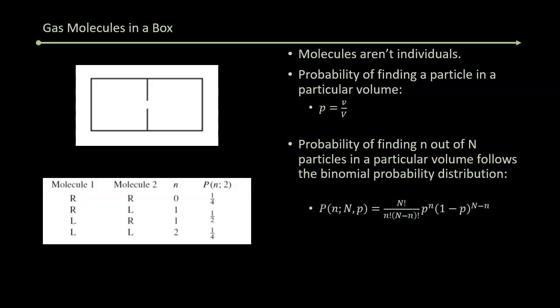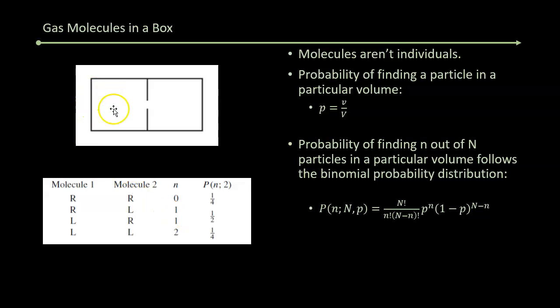All right, gas molecules in a box. Molecules aren't individuals. When you start looking at how many different states we have here, we say, oh, we've got a molecule over here, a molecule over there, or we could have two molecules here on the right. We could have one in here and one in there, but we don't know which one it is. So that actually happens twice, right?